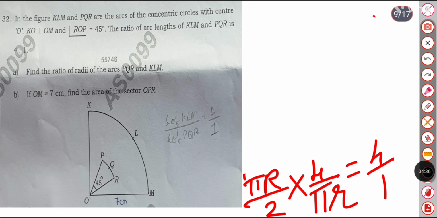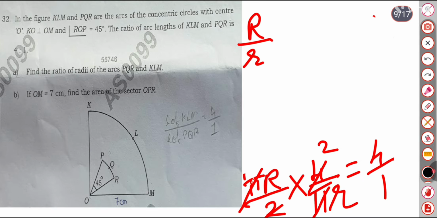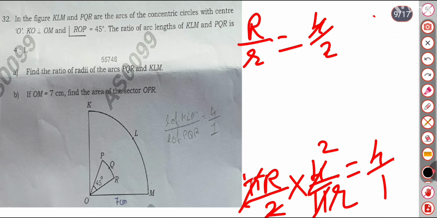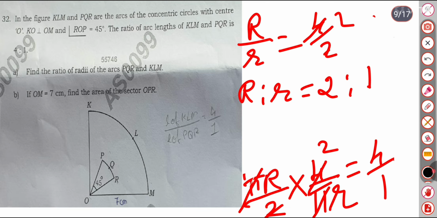So next, pi gets cancelled, 2 1s are 2, 2 2s are 4. So capital R by small r is equal to, if you take 2 that side, it becomes division, 4 by 2. So 2 1s are 2, 2 2s are 2. So R is to small r is equal to 2 is to 1. The ratio is 2 is to 1.